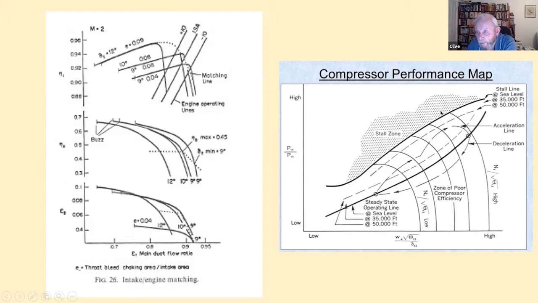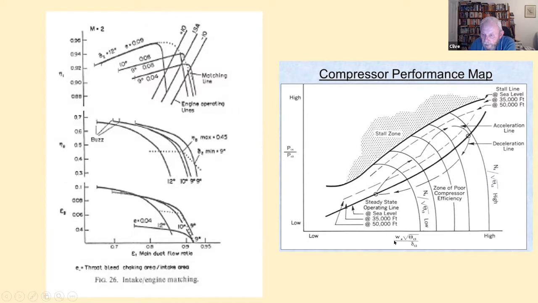And a constant N1 line at a given inlet temperature, then you find yourself operating on a given N over root T line. That means that if the engine is designed to operate along this line, you will be operating at a given mass flow, a given W root T upon P. Now, that relates to the intake directly.